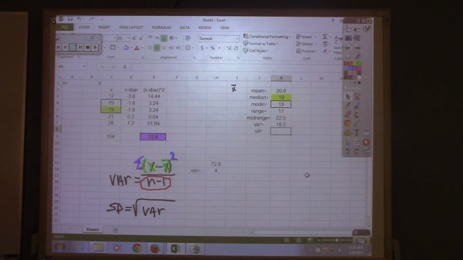There's our variance. And what do we do to get our standard deviation? Square root. Take the square root or raise it to the what? 0.5 power, or 1/2 power. So equals this guy raised to the 0.5 power. And there's your standard deviation.